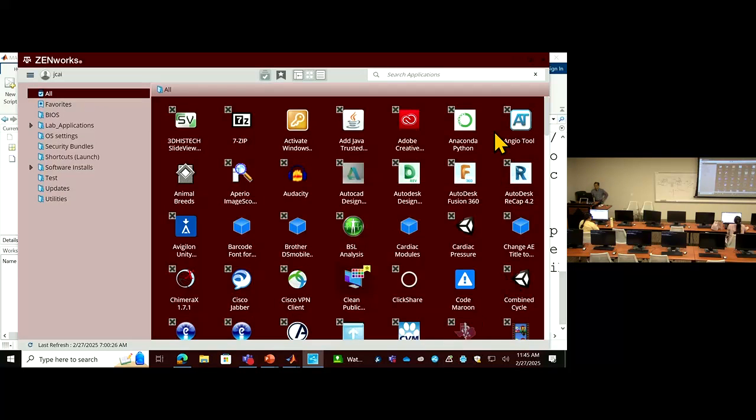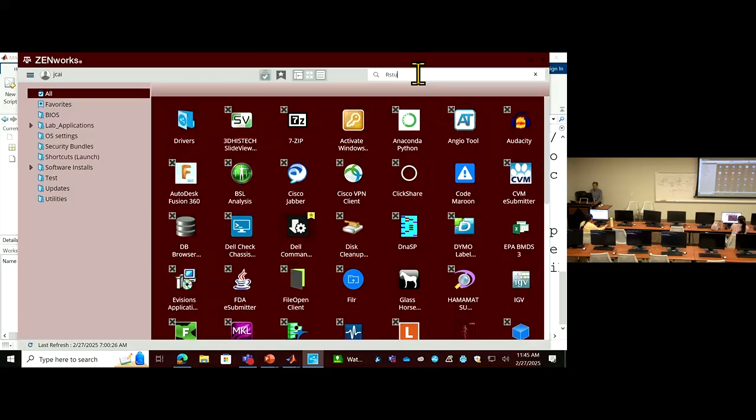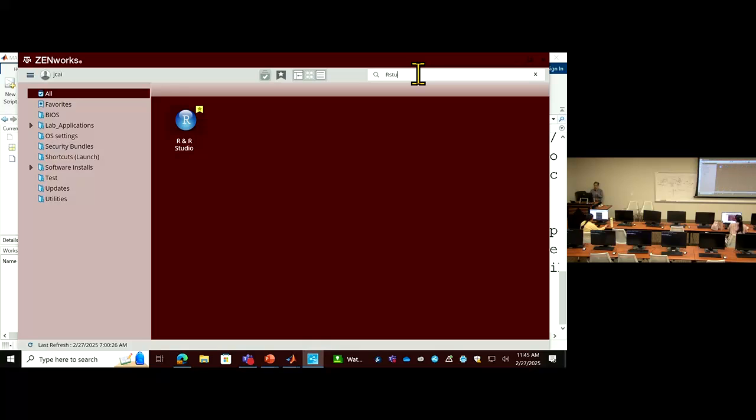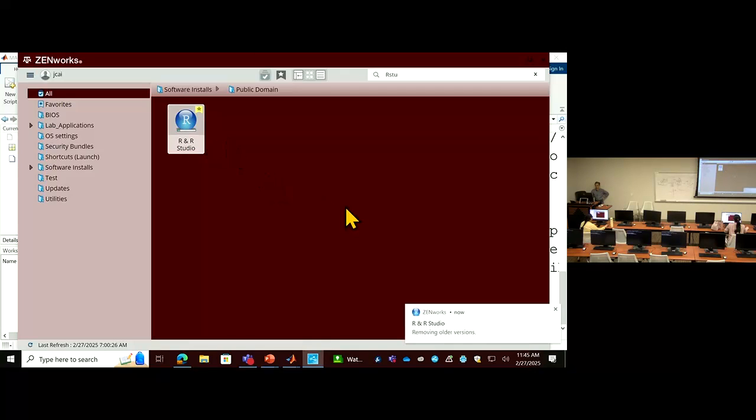So what you can do on your computer is to visit this page, Zenworks. Then from here, let's see, RStudio. You should have this icon in your Zenworks, and we should be able to open and install.